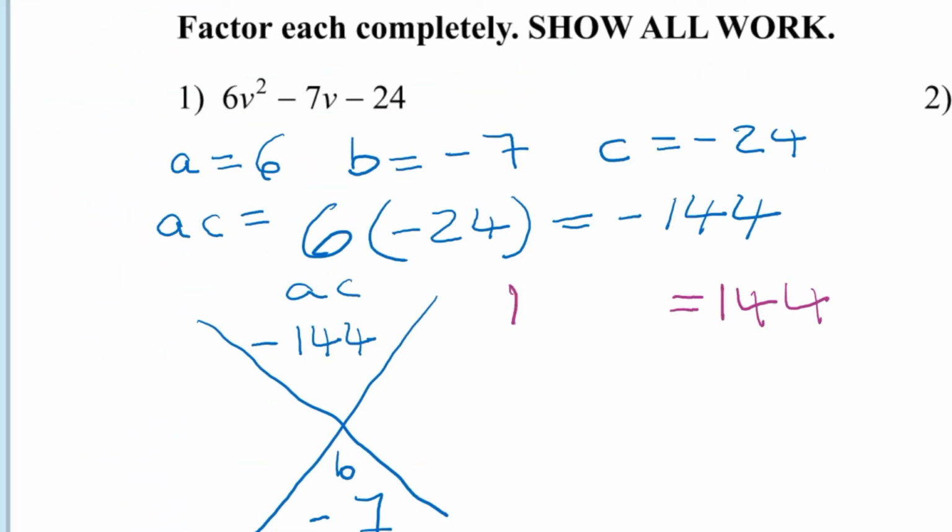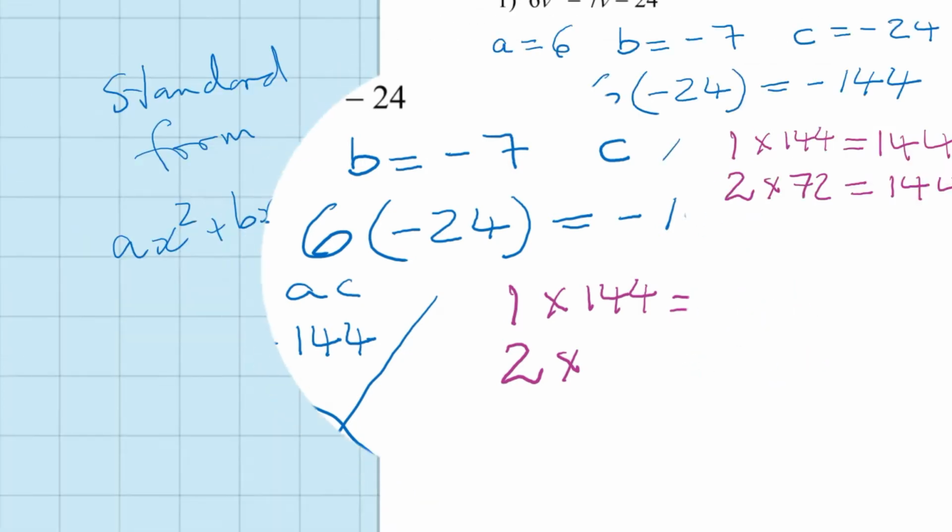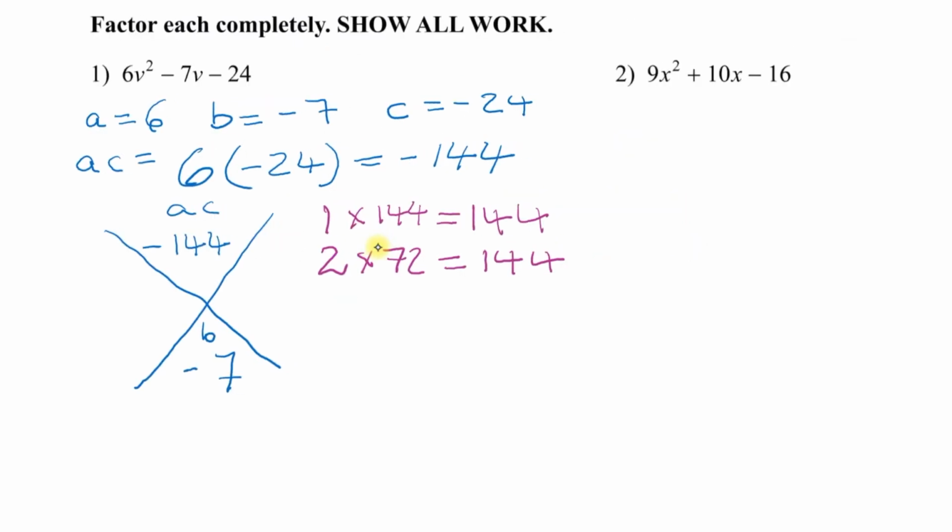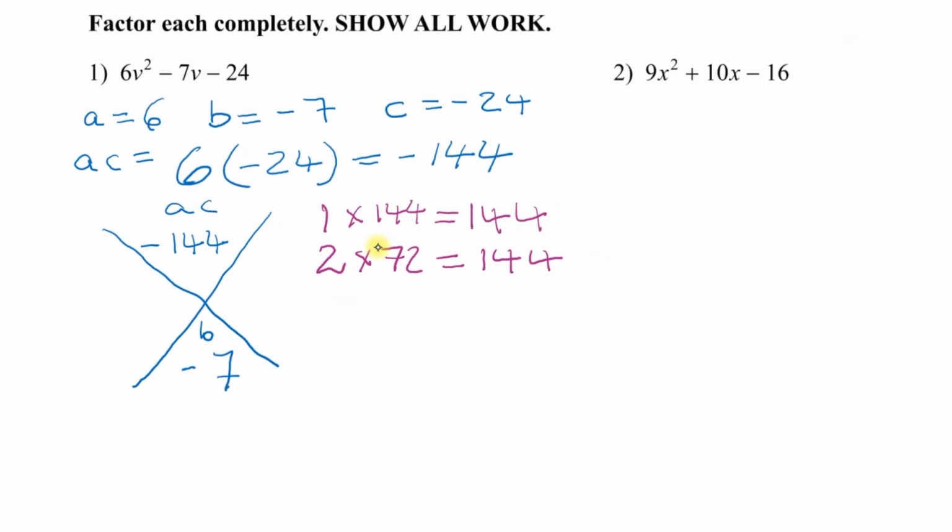So I know that I'm going to start with 1, right? So 1 times 144 is 144. I can't combine 1 and 144 to get 7. Now I'm going to try 2. What I'm really doing is dividing 144 by 2. Those numbers will not get me 7.